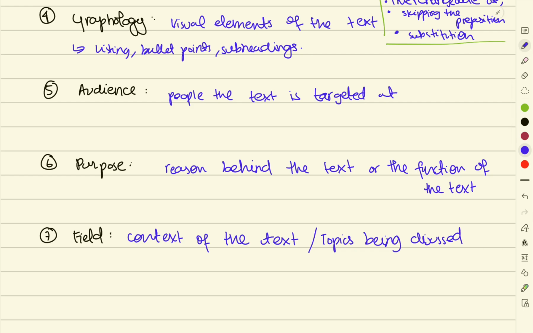Moving on to audience. We already know what audience is. It's the people the text is targeted at. You want to talk about audience in Unit 1 when you're writing your analysis in Section A. You can talk about it in Unit 2 as well, but it's not that important because in Unit 2 you have other things, phonology, morphology. But if you include it, of course, that's going to be a plus point.